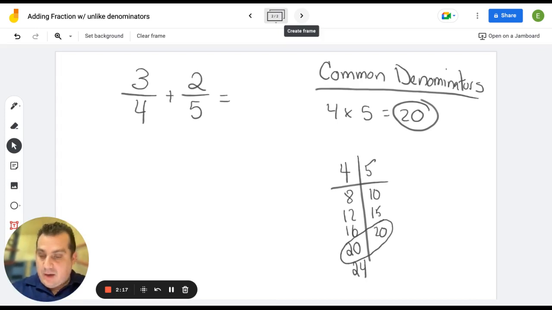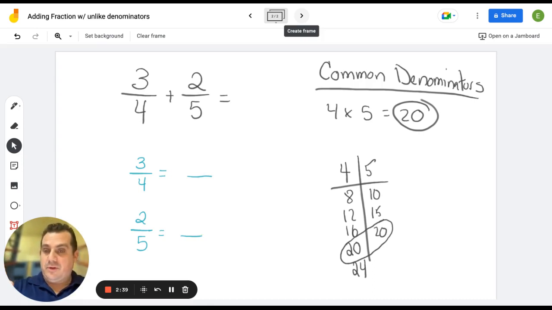So what I like to do is I like to rewrite my fractions vertically. When I rewrite them vertically, it allows me to turn these fractions into an equivalent fraction with a common denominator.